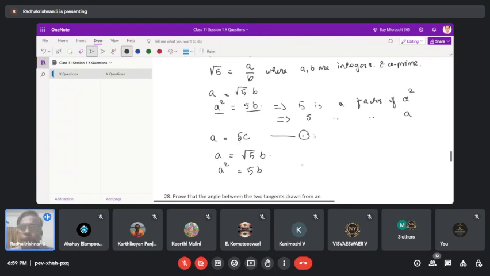So 5b square equals, I'm putting 5c in place of a, 25 c square. So b square equals 5 c square.